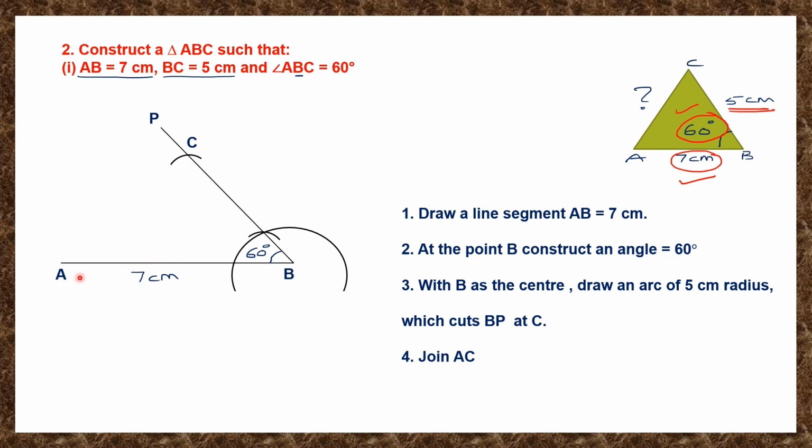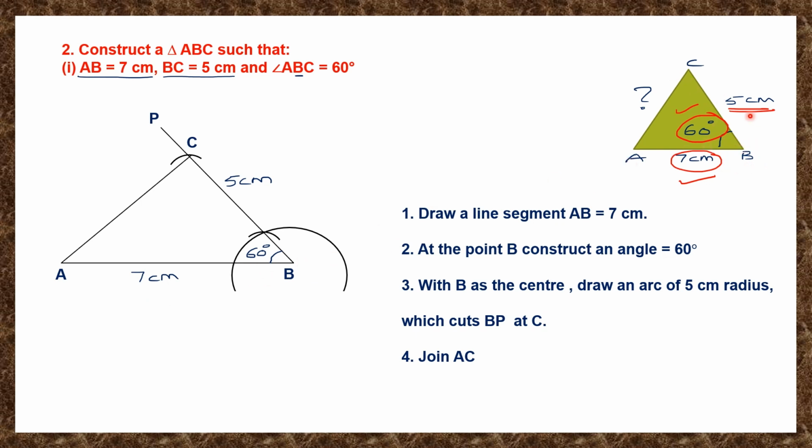Now all you have to do is join AC. So let's join AC. Now can you see you've got your triangle. So let's write the measurements that have been given to us. Now BC is 5 centimeters. So go back to your rough figure and see whether you have everything. AB is 7 centimeters. At angle B, we have 60 degrees. Yes, we have that.